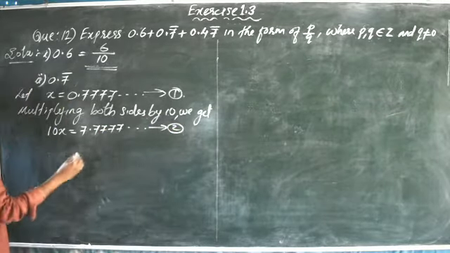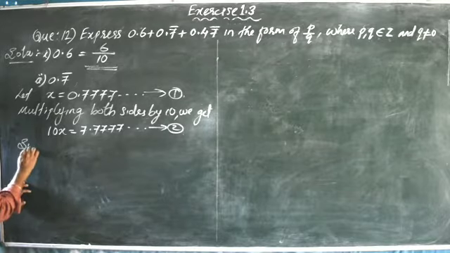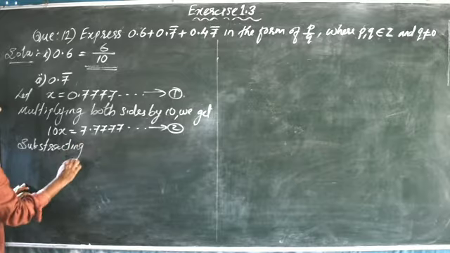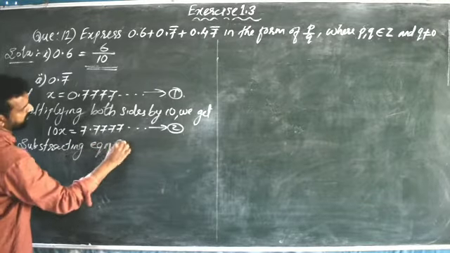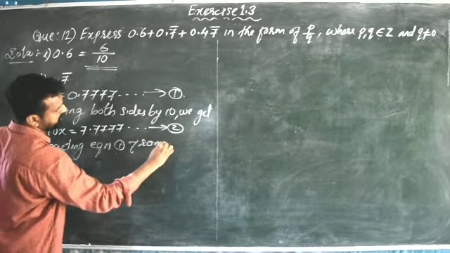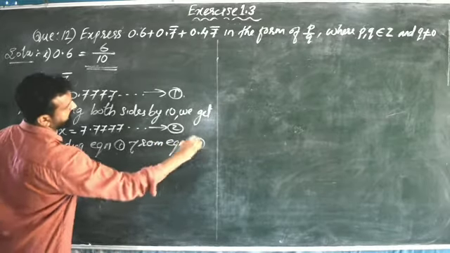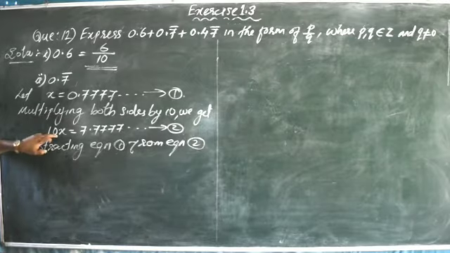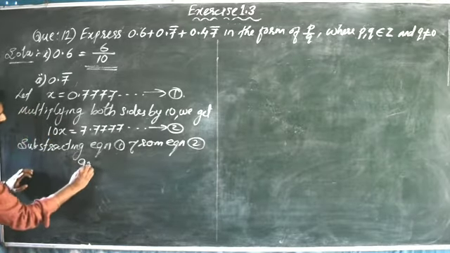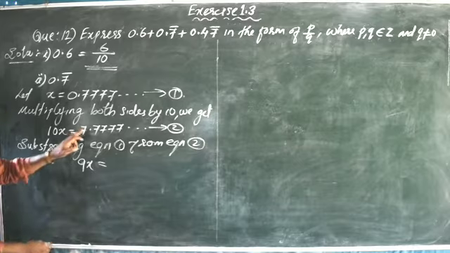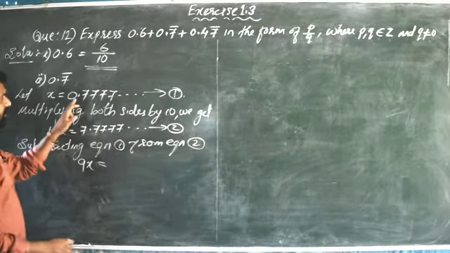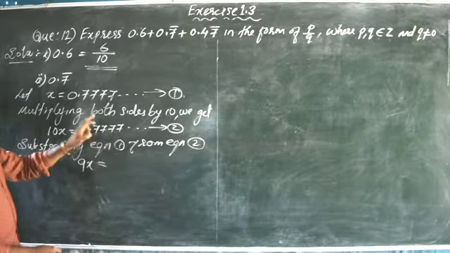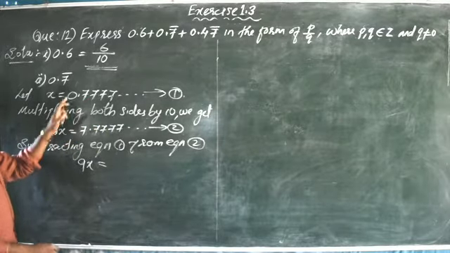Now we have to subtract these two equations, that is, subtracting equation 1 from equation 2. 10x minus x, what is the answer? 9x is equal to 7.777 etc. minus 0.777 etc. 7 minus 7 is 0, 7 minus 7 is 0, and so on, and 7 minus 0 is 7.